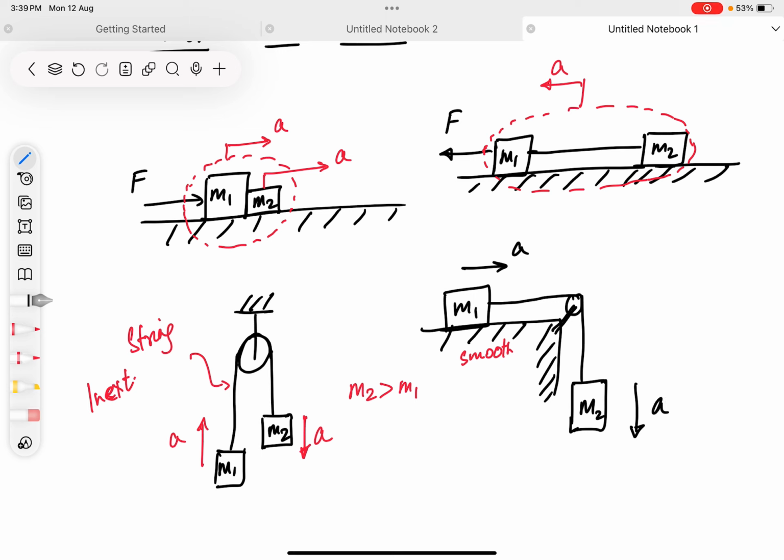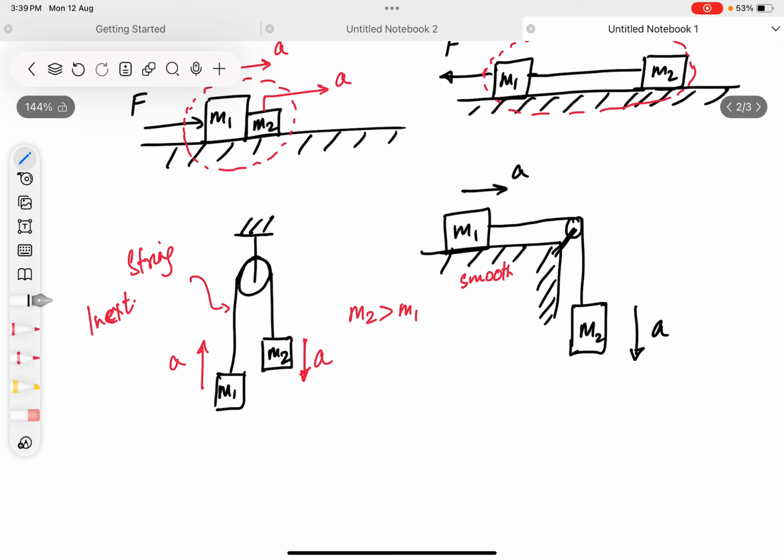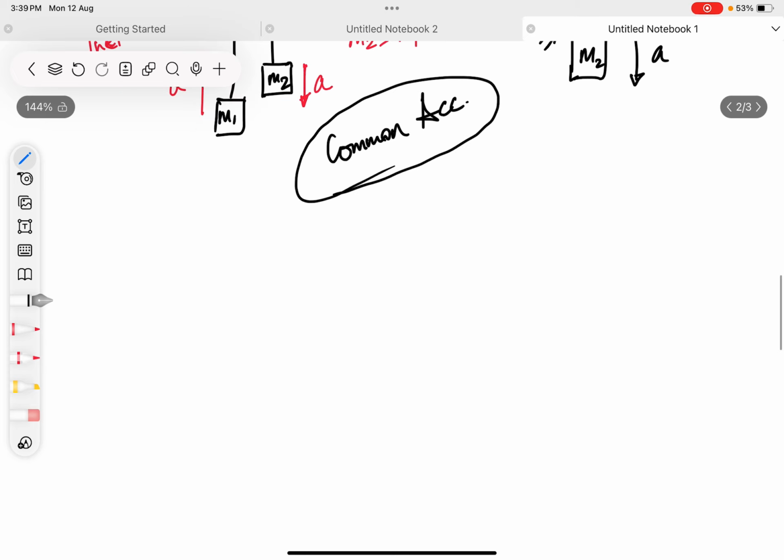Whatever is the displacement of M2 down will be the displacement of M1 to the right. That means the rate of change of position, which is the velocity of M1 and M2, will be the same in magnitude. The increase in velocity per unit time, that is your acceleration, will also be the same for both. So in this case also you have common acceleration, and all these are common acceleration systems. This way you can construct many such systems.